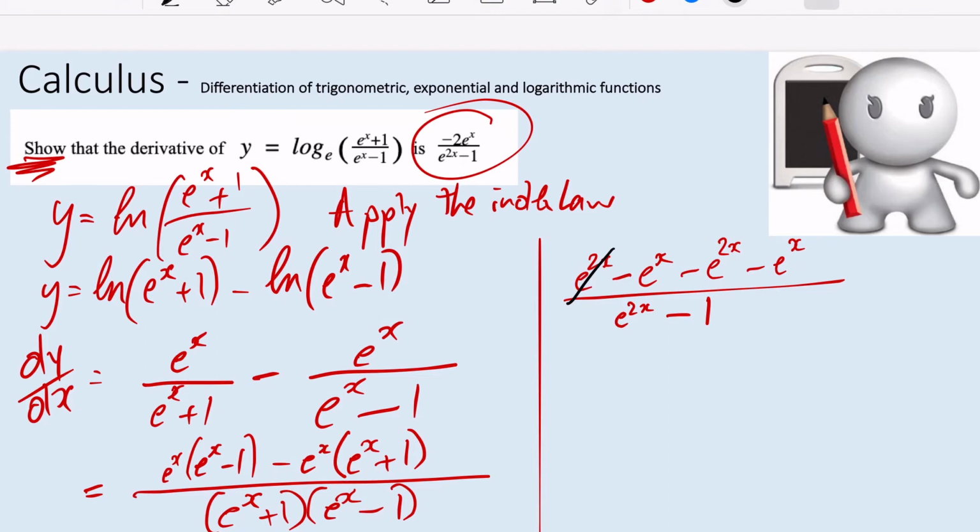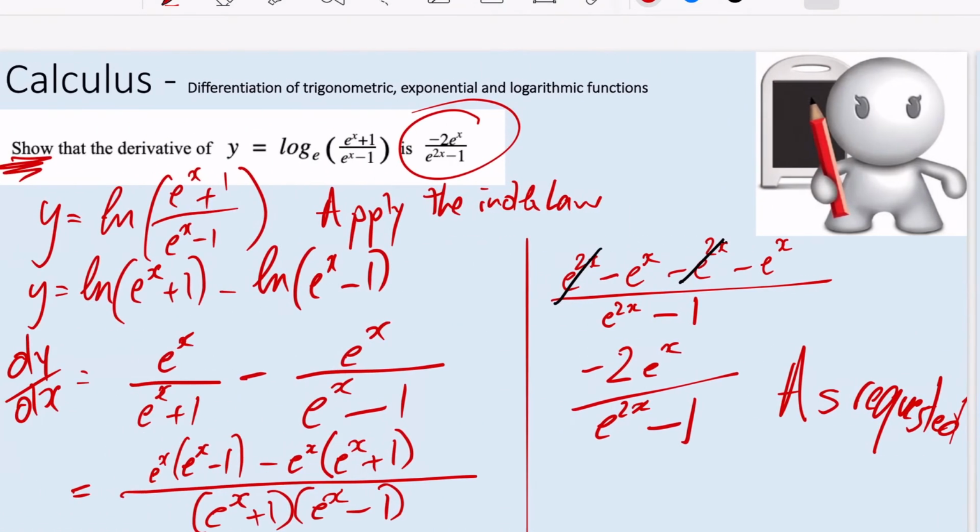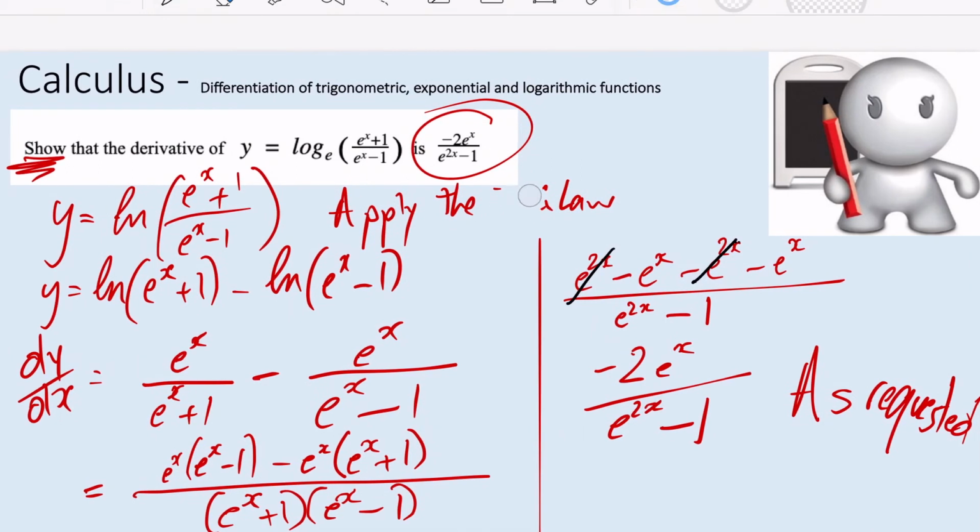For my numerator, e to the power of 2x minus e to the power of 2x, they cancel each other, and I'm left with negative 2 e to the power of x over e to the power of 2x minus 1, which is what they've asked me to show. So nice little question, derivative of a log, but you must apply the log laws.